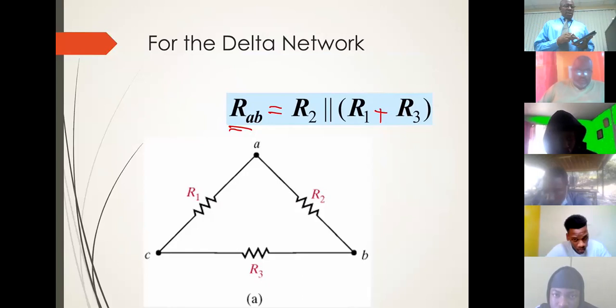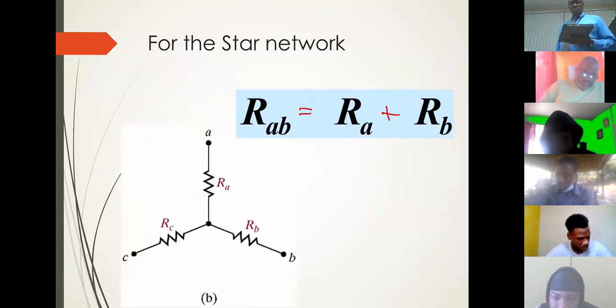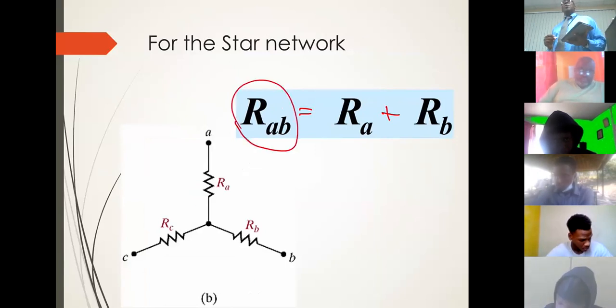And for the star network, as we also said, RAB would be equal to RA plus RB. By putting the ohmmeter across those two terminals, what I am seeking to find is RAB.